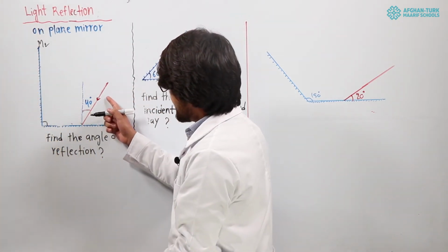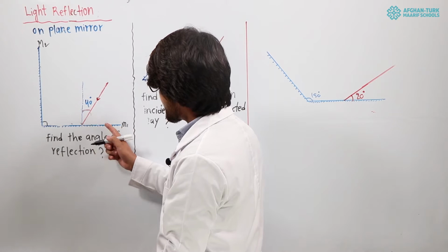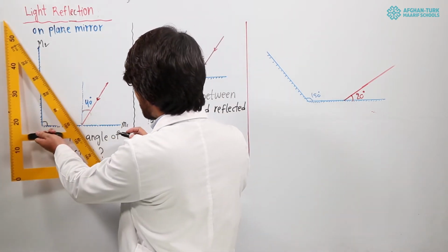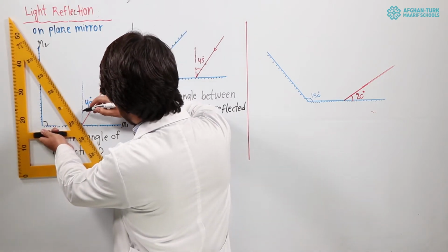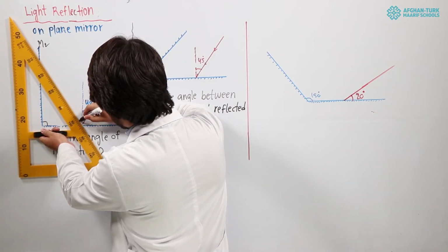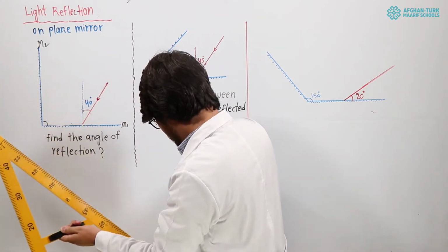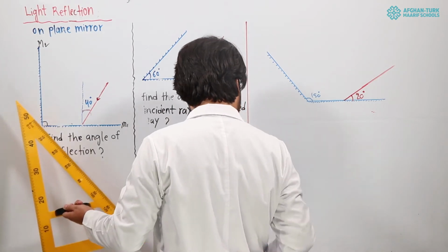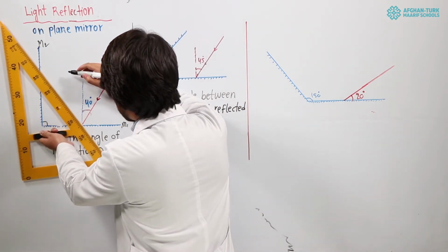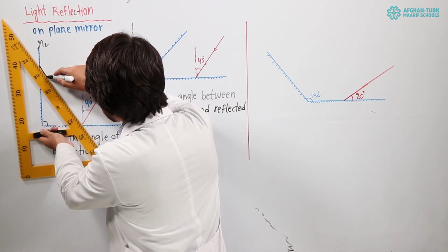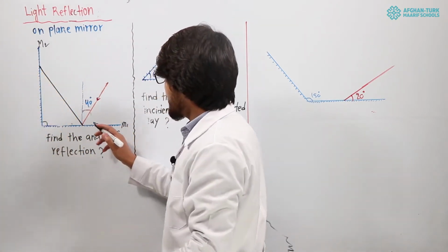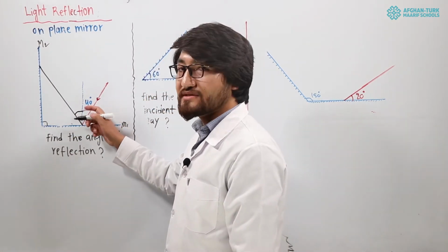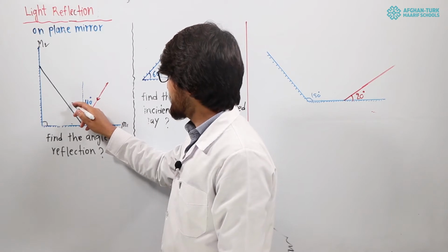You know that incident ray strikes the surface of mirror, then reflects from this surface, and according to laws of reflection, the angle of incidence is equal to the angle of reflection.